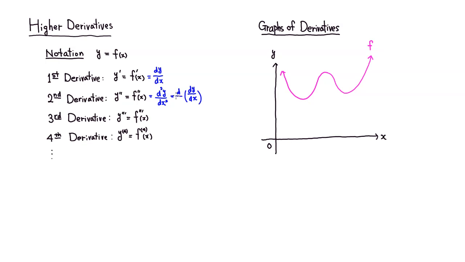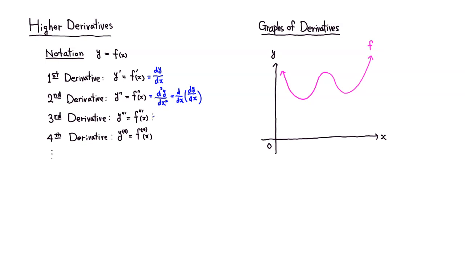So we put the d over dx here. Treat it like multiplication of fractions: you have two d's multiplied together, d squared, and two dx's multiplied together, dx squared. So that's the notation for the second derivative.